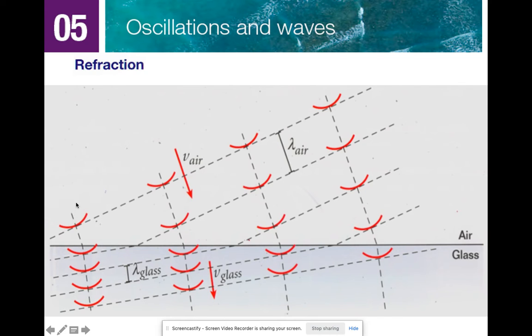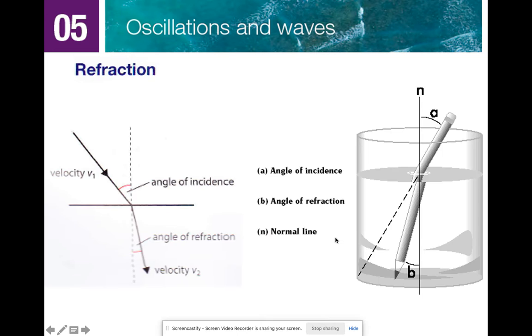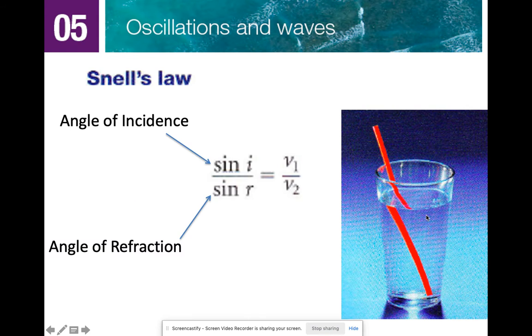The speed of the wave as it enters is the same at all points, and the angle that it bends in is equal at all points. It just may take longer to get to that spot for it to do that. This is why a pencil looks bent in water, because the light waves are bending into the medium. So we have this equation, which is Snell's law, which is very important.